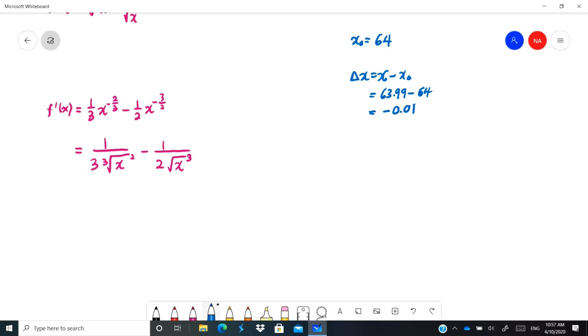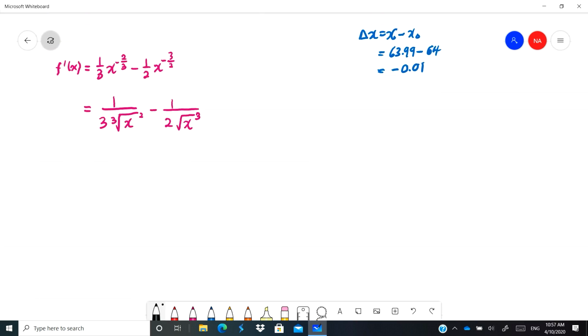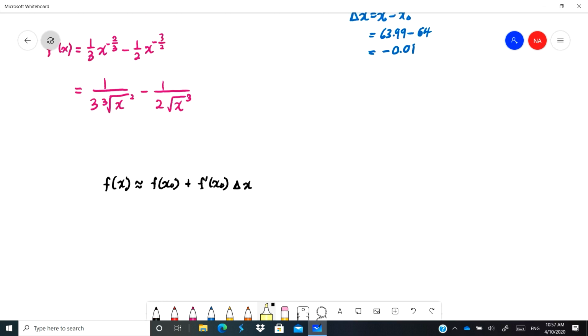So now, we know that in the formula, write the formula first. So f(x) is approximately f(x naught) plus f'(x naught) delta x, all right. So we have to use the value of f(x naught) and also f'(x naught).